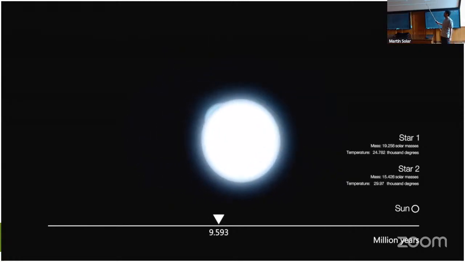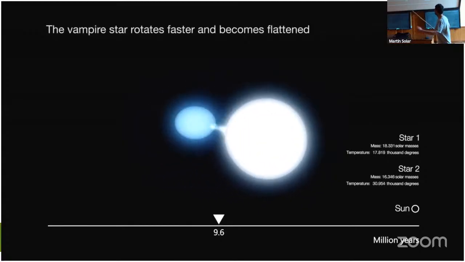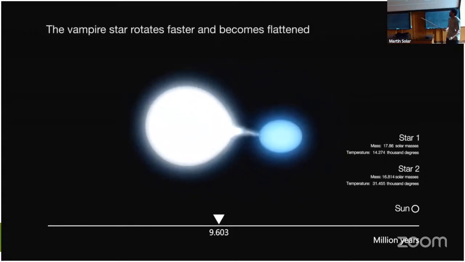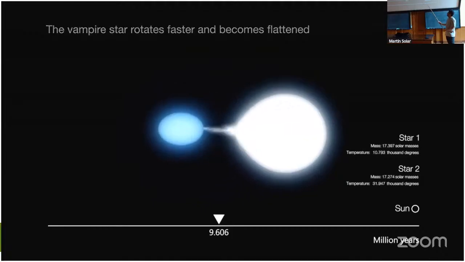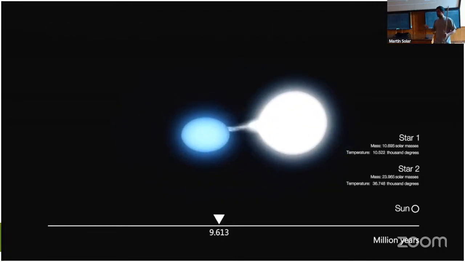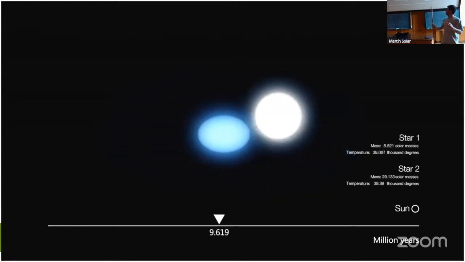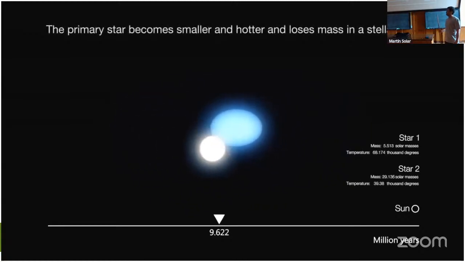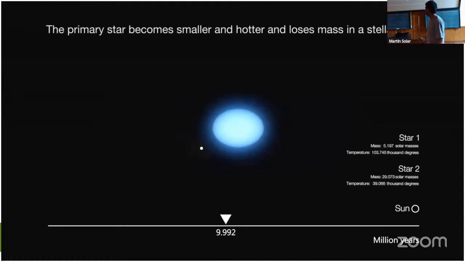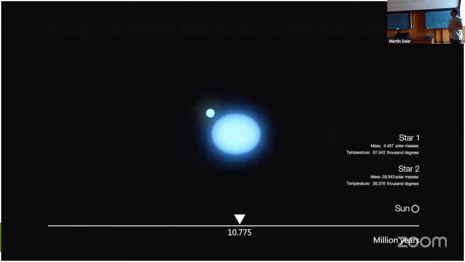Because of this expansion, the more massive star will donate mass to the less massive one. That's how the envelope of the progenitor star is being stripped, and that's why we don't observe the hydrogen feature, or in some cases helium features, for stripped envelopes. Here comes the explosion.